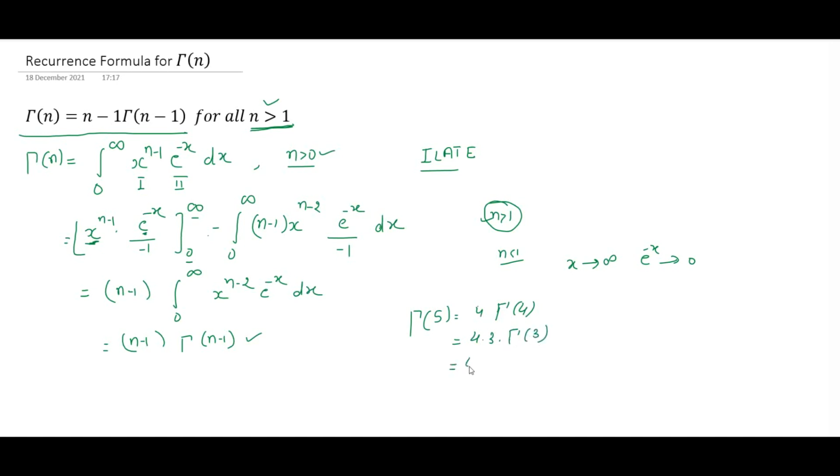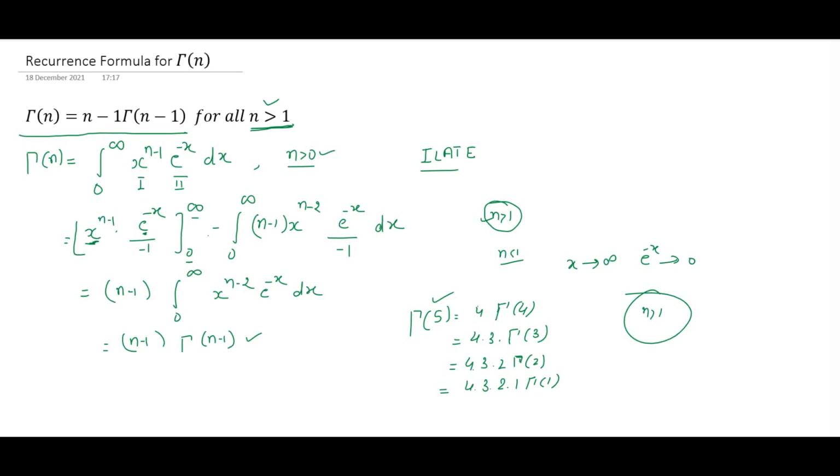And similarly, 4 into 3 gamma 3 can be reduced to 2 into gamma 2, and therefore 4 3 2, next gamma 2 can be reduced into 1 gamma 1. In this way you can reduce back, taking back steps, and you can find the value of gamma at any number, but that number must be greater than 1.